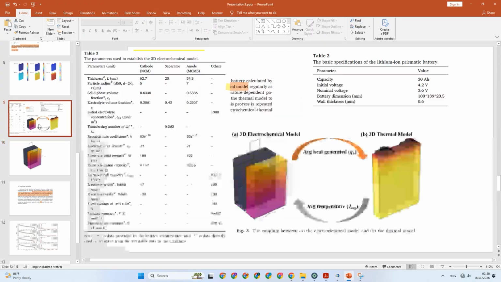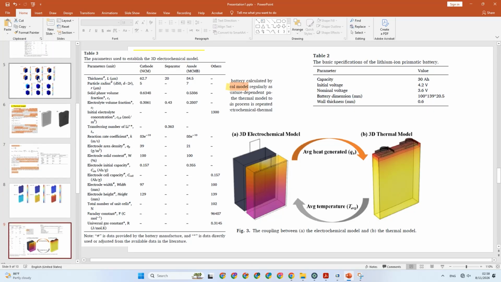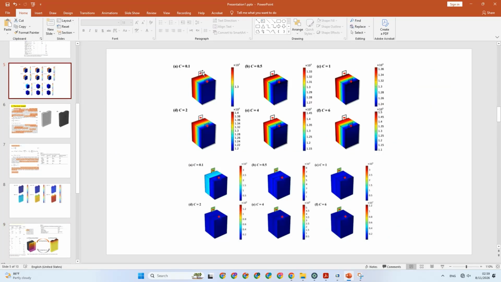And this is maybe like a square, I don't know. It is like a square. The width.